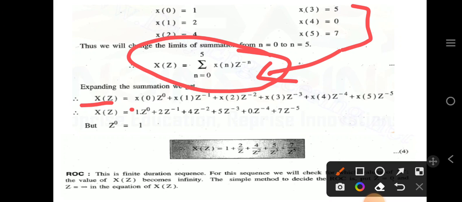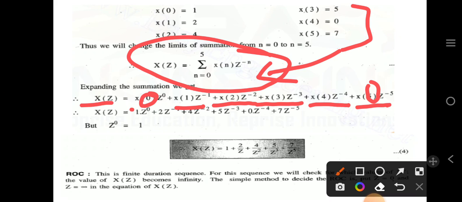So x of 0 z of 0, x of 1 z raised to the power minus 1, x of 2 z raised to the power minus 2, x of 3 z raised to the power minus 3, x of 4 z raised to the power minus 4, x of 5 z raised to the power minus 5. It means we have started from the value 0 and we have ended with the value 5, as the limit was from 0 to 5.